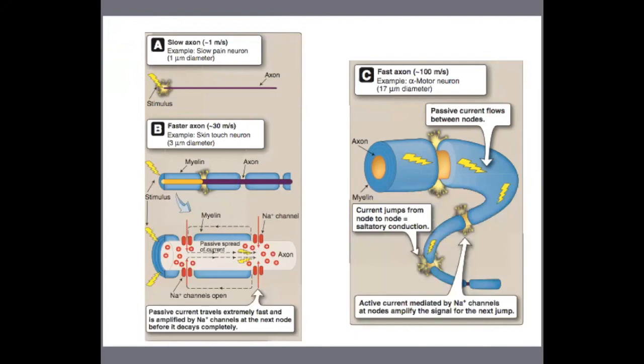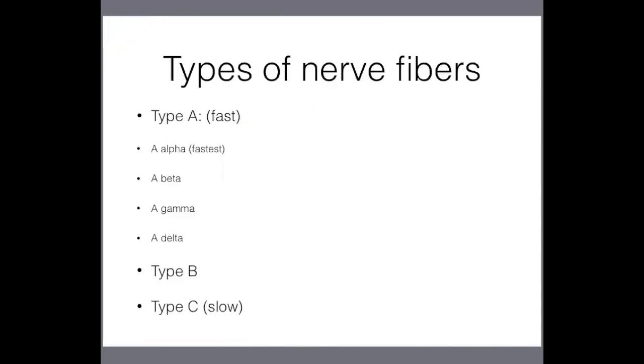Then type B is somewhat myelinated, myelinated but not strongly, and it's basically for touch and things like that. So again, type A is really fast and myelinated. Type B is myelinated but not strongly.